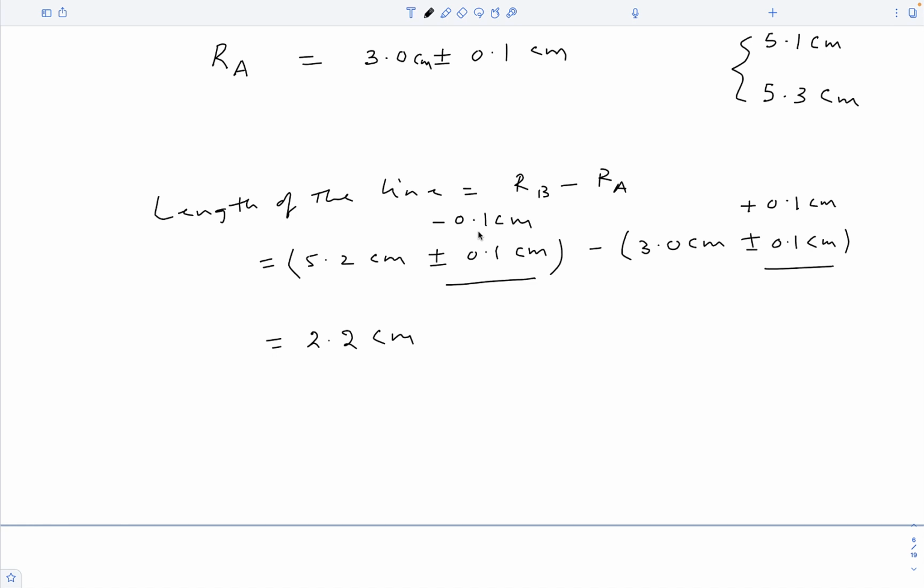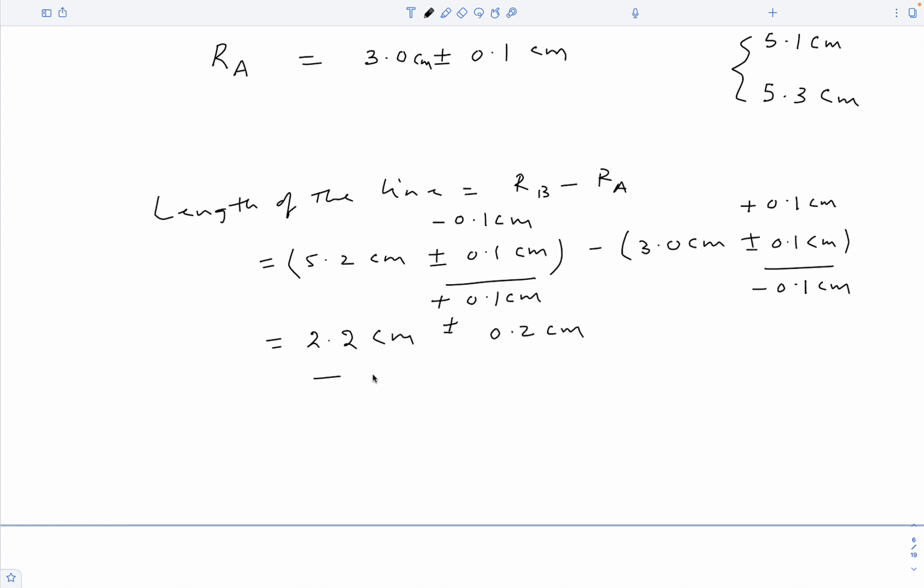So minus 0.1 minus of plus 0.1 is minus 0.2 centimeters. When the amount of error here is plus 0.1 centimeter, it could be minus 0.1 centimeters here. So plus 0.1 minus of minus 0.1 is plus again. So it would be plus or minus 0.2 centimeters.